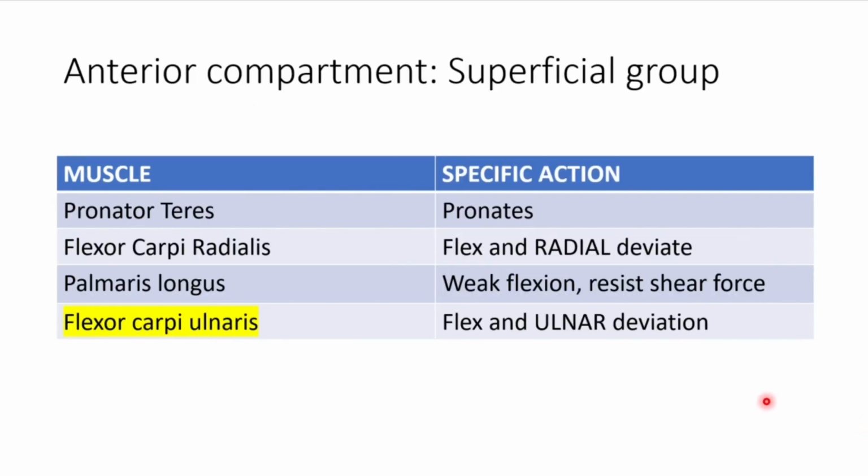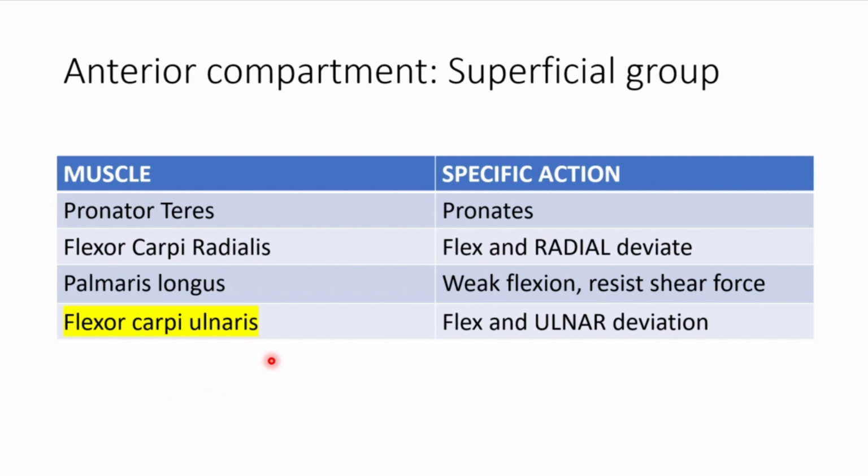The muscles in the anterior compartment of the forearm are divided into three groups: a superficial, intermediate, and deep group, which are all innervated by the median nerve, except 1.5 muscles that are innervated by the ulnar nerve. These muscles that are innervated by the ulnar nerve will be highlighted in yellow.